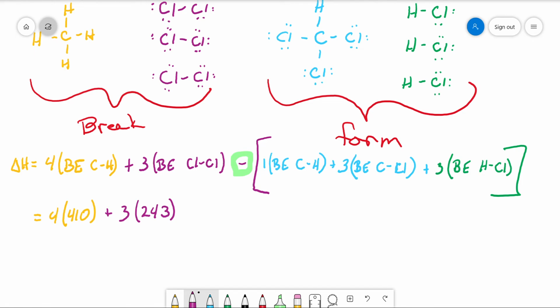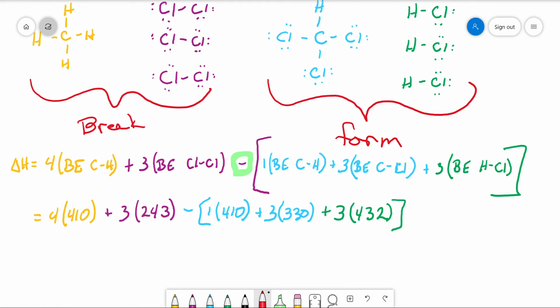Like I said, I'm being kind of loose with the units just because I don't want to write them over and over and over again. 1 times 410 plus 3 times 330 and plus 3 times 432.